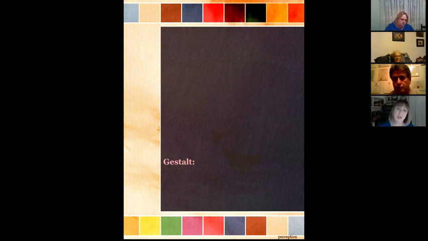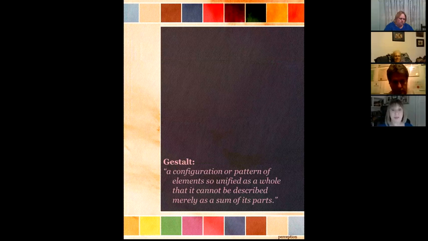So Gestalt graphology takes some of the elements that they used. And what Gestalt is, here's the definition: a configuration or pattern of elements so unified as a whole that it cannot be described merely as a sum of its parts. So what we were looking at before, the empirical view, that's just the parts.